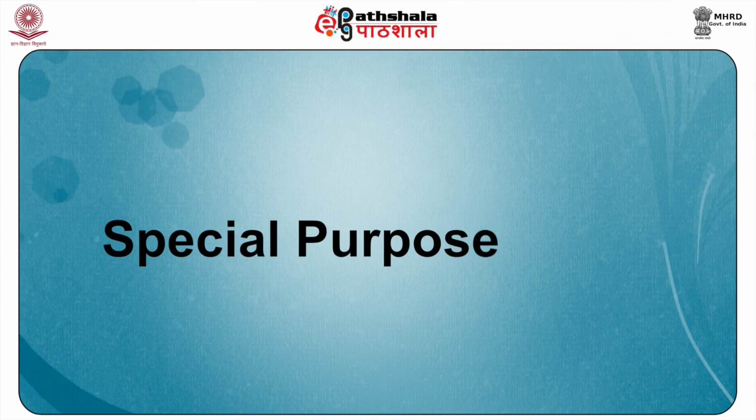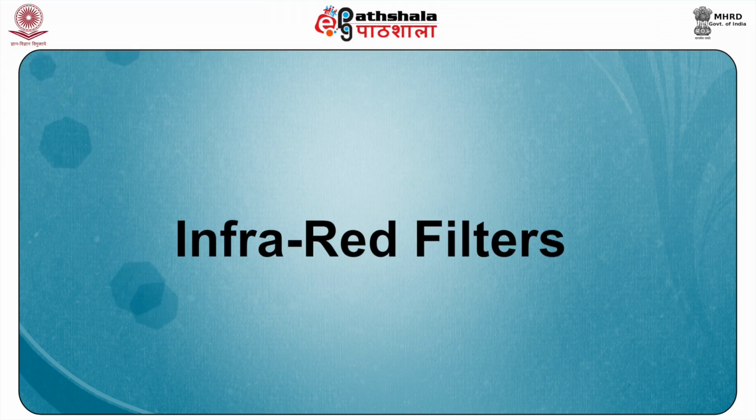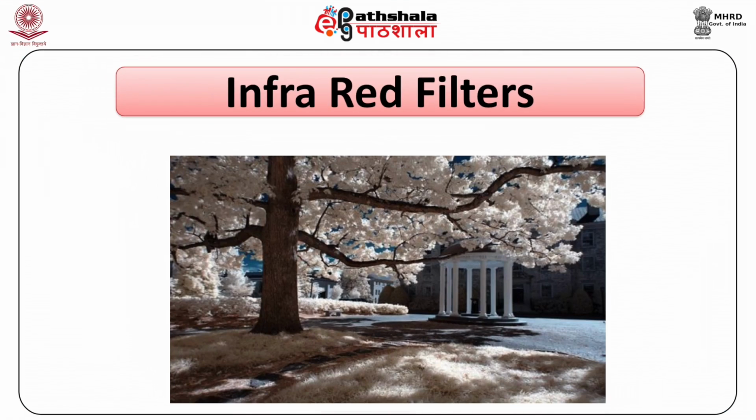Now, special purpose filters. They are used to take pictures by the light of a single color only. These are mainly used for scientific, aerial and other special photography, such as telephotography in infrared. Next type of filters are infrared filters. In special circumstances, we use black and white or color infrared sensitive films.